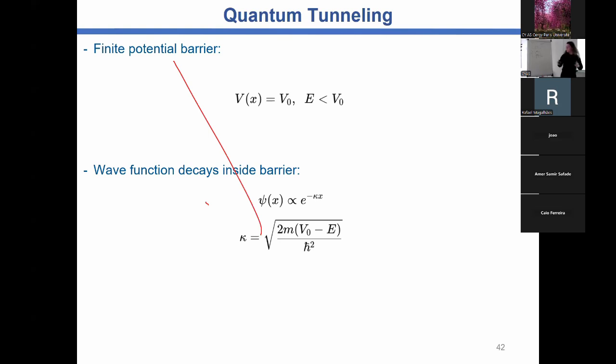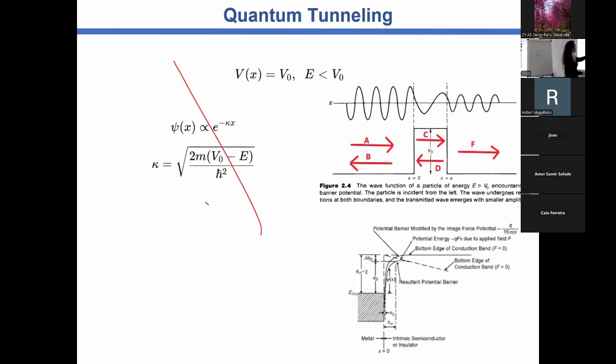And if the width of the barrier is large, depending on the particle that you are analyzing, if it's an electron or a hole, you can block this movement inside the material.